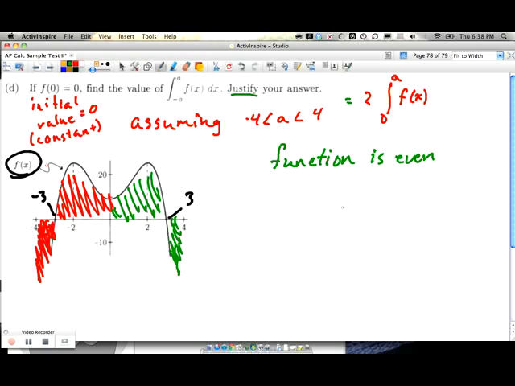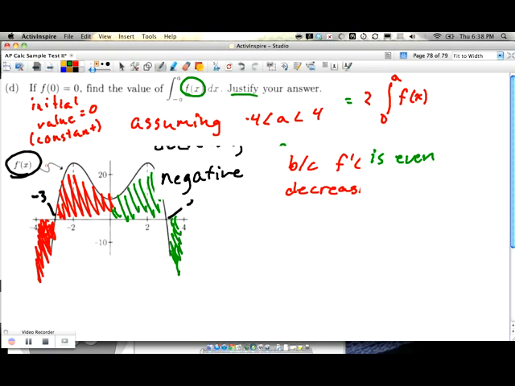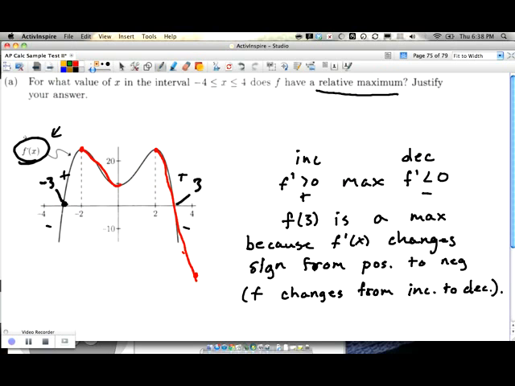Well, we can probably do more than that because we're not looking for this area. We're looking for the area of f of x. Let's go look back at our original information. We know that f prime of negative 3 equals 0. We know that this is the derivative.